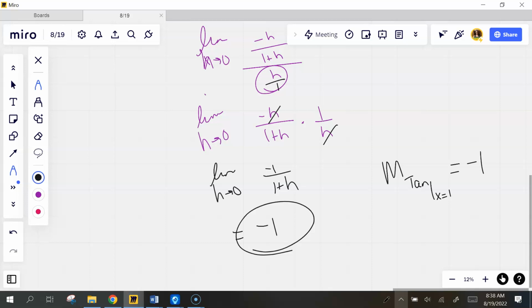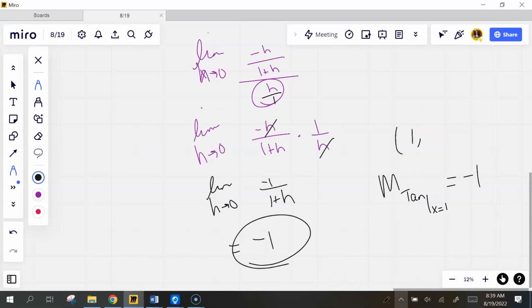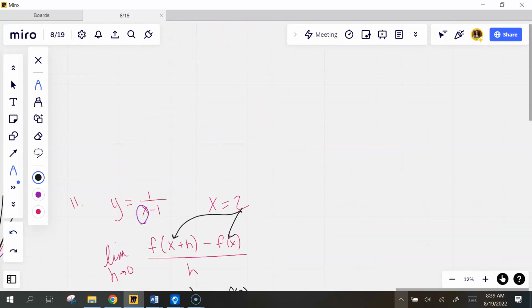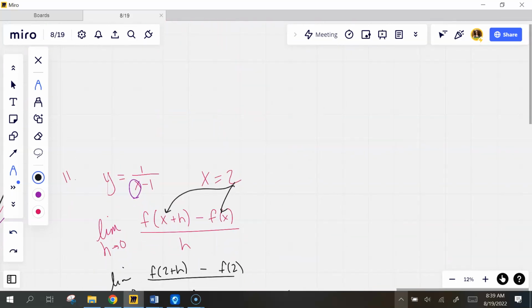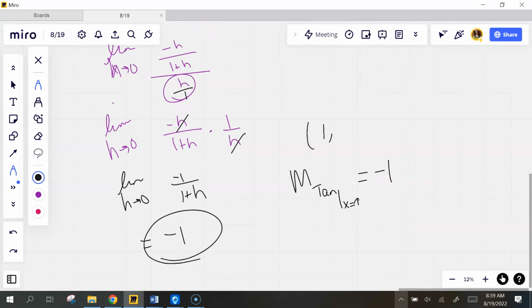A point on, or the point of tangency would be 1, what? Two. 2, 1. Yeah, sorry.